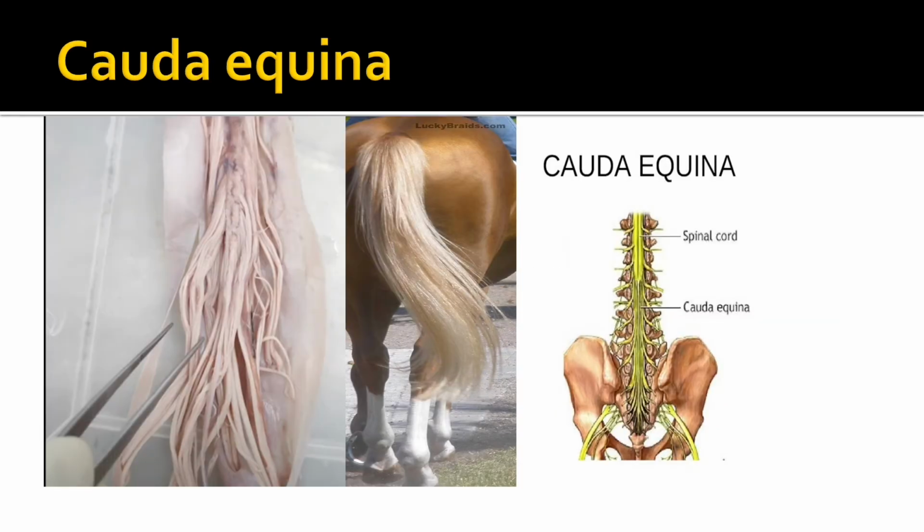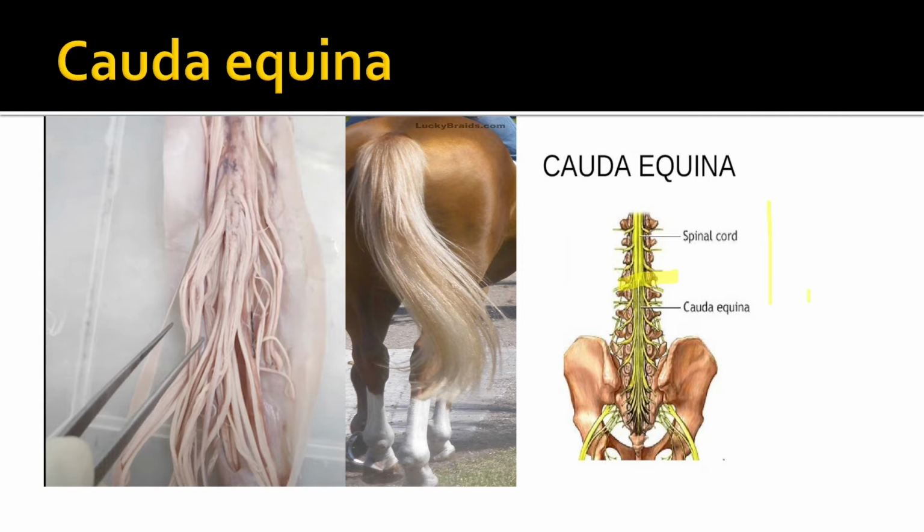So let us see what is meant by Cauda Equina. As we know, the spinal cord ends at the level of the lower border of L1 in the majority of people. The nerve roots are traveling down like this, and it has an imitation to the tail of the horse. And so this part is called the Cauda Equina. So the Cauda Equina consists of nerve roots from L2 downwards.